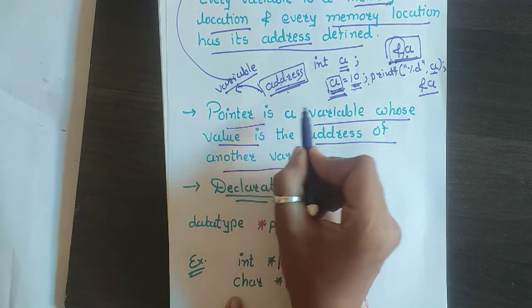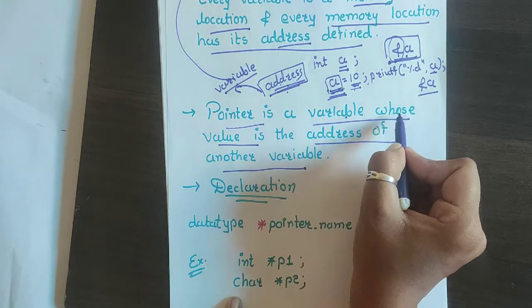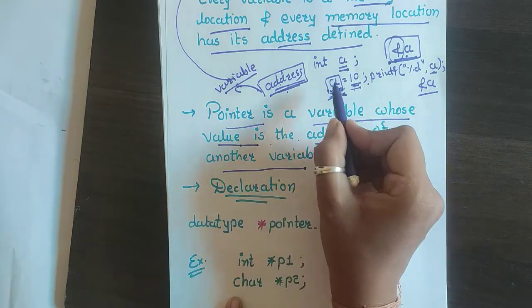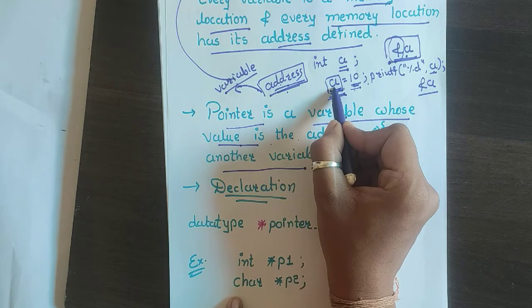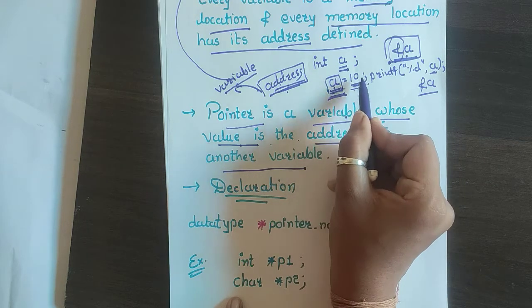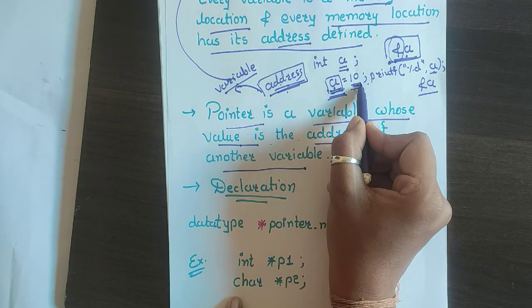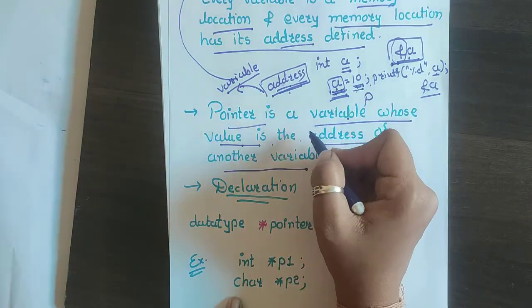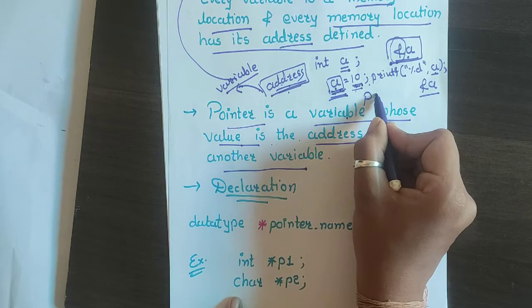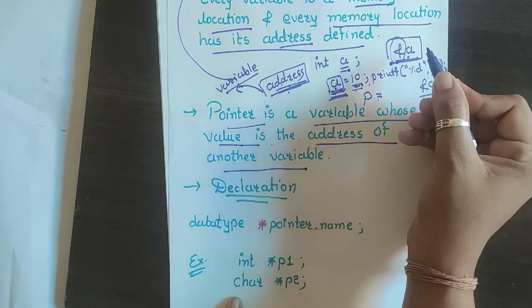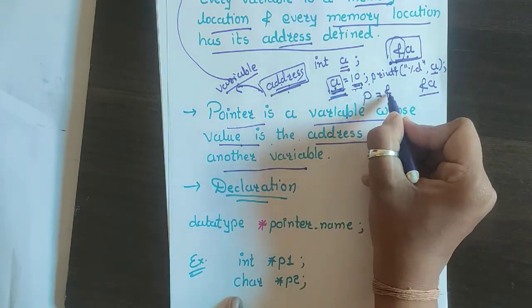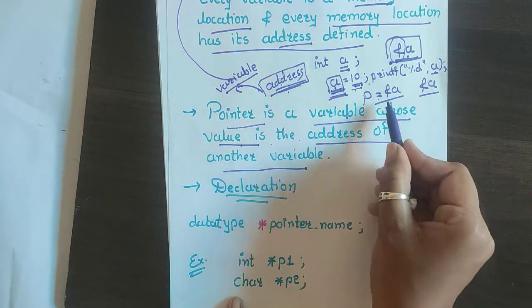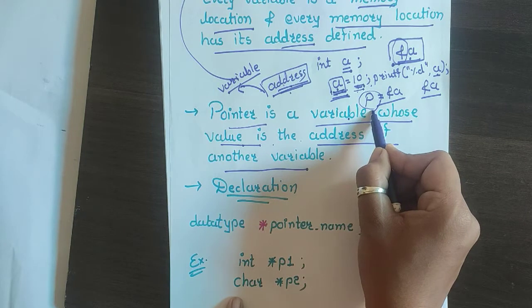I have this variable a whose value is 10, and I have another variable p whose value is the address of another variable, that is &a.